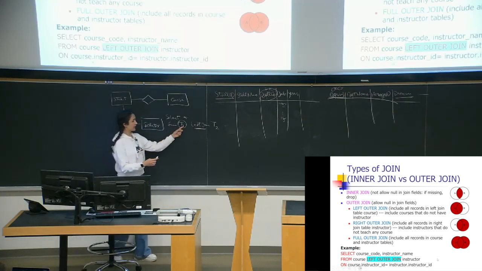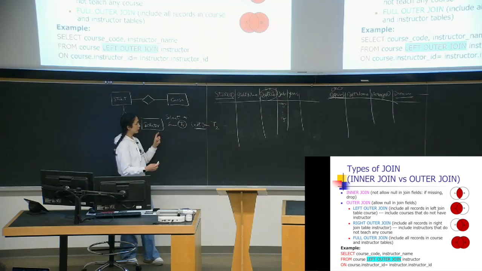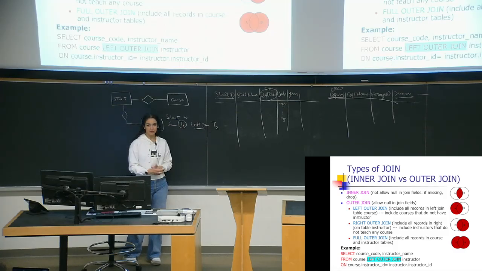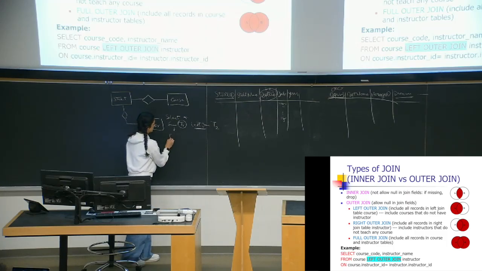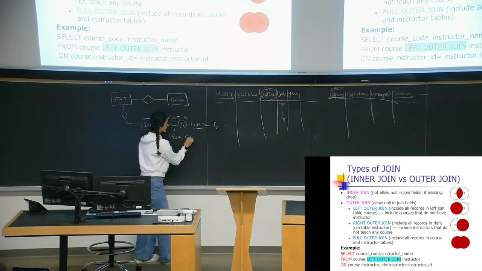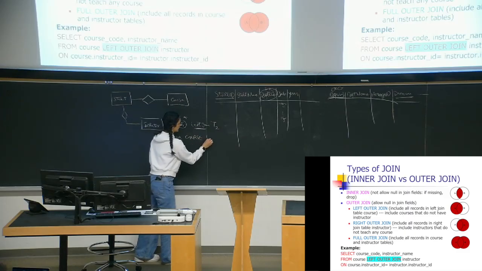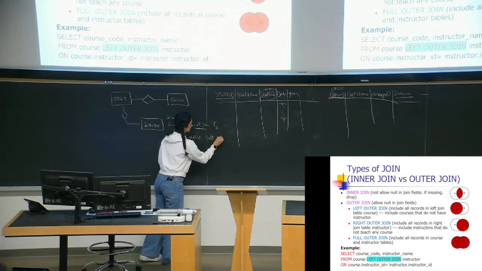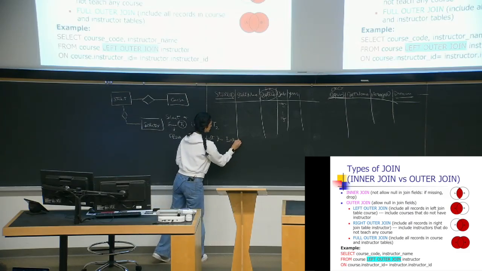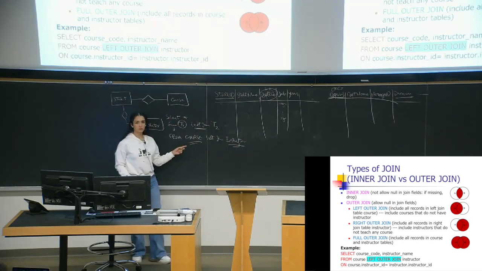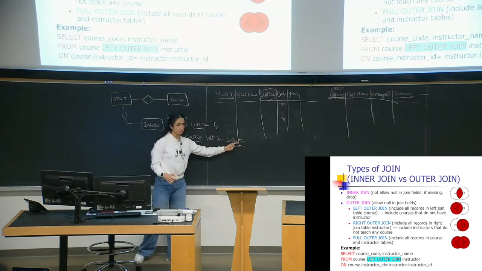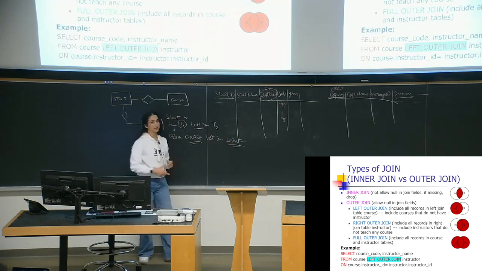Now, if this table is course table, so if you're writing from course, left join instructor, okay? If you type from course, left join instructor. What is your left table? Course, right? If you type from course left join instructor, your left table is course.